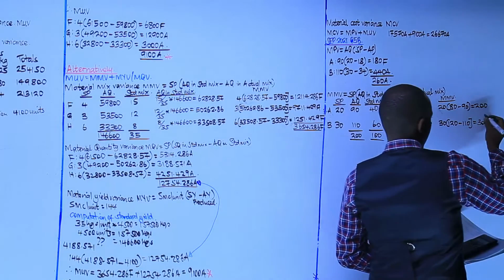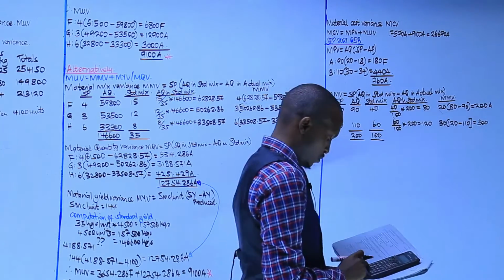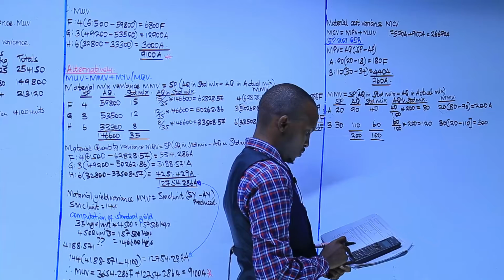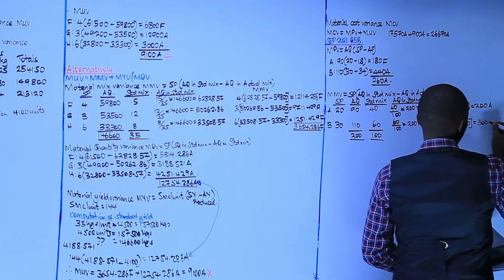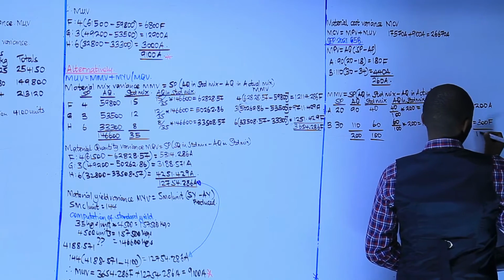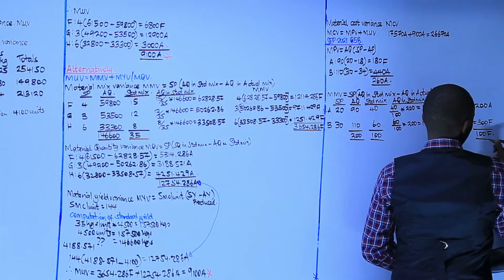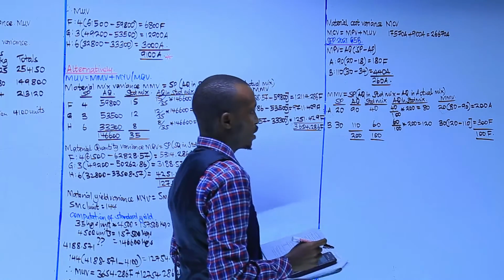This will be adverse, favorable. So that in total, that will be 100 favorable.